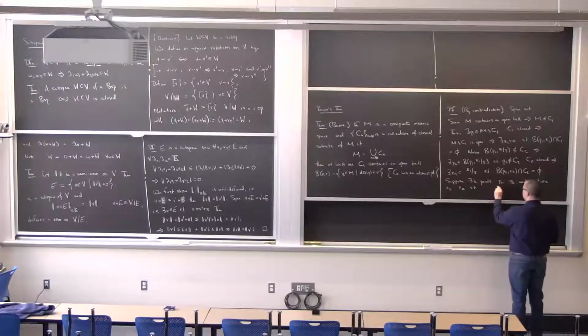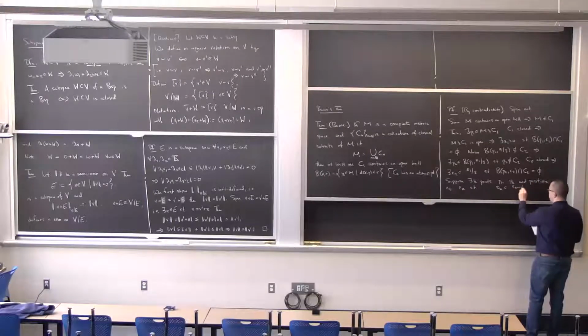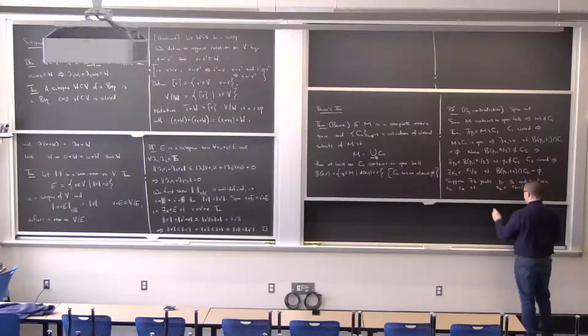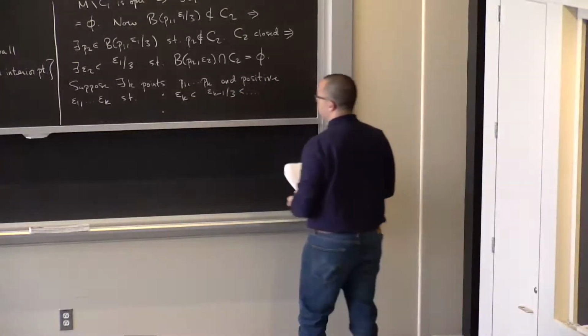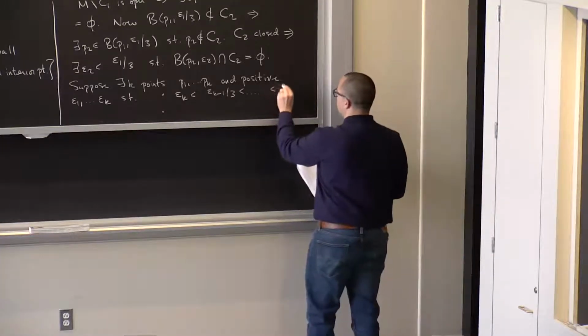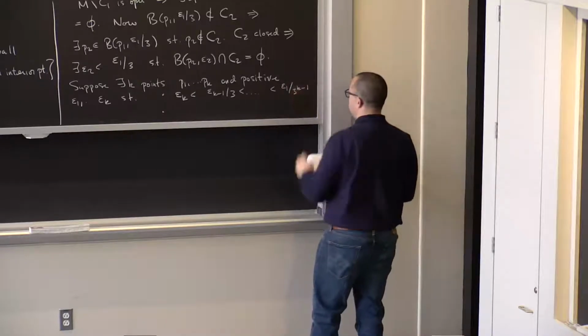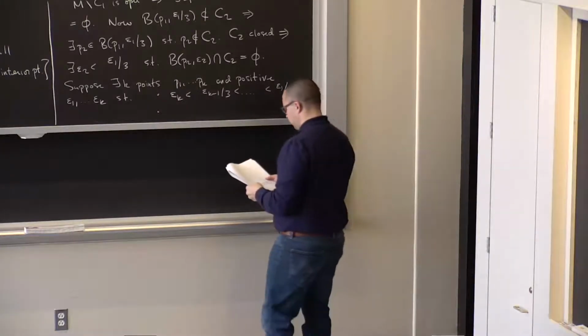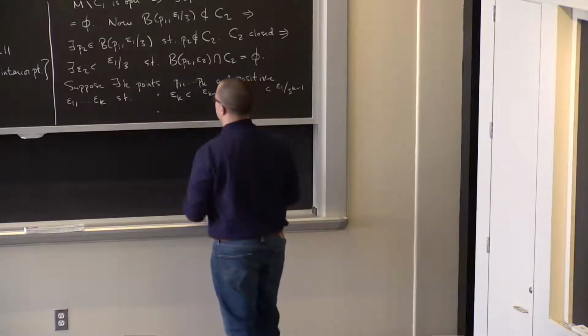So epsilon k is less than epsilon k minus 1 over 3, which is less than epsilon k minus 2 over 3, and so on, all the way down to epsilon 1 over 3 to the k minus 1. So if you like, k here is bigger than or equal to 2.